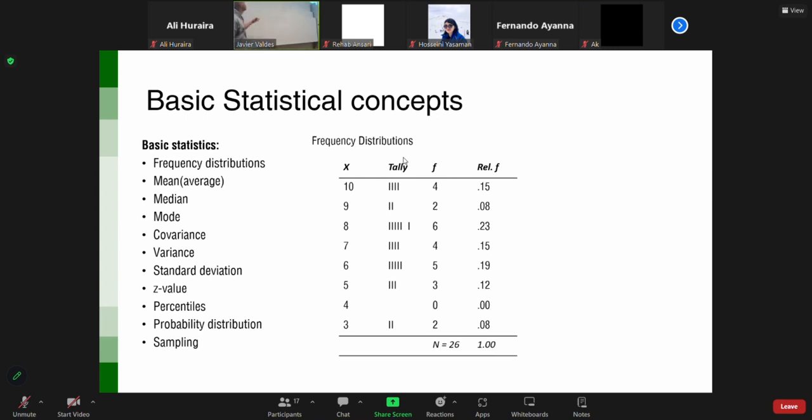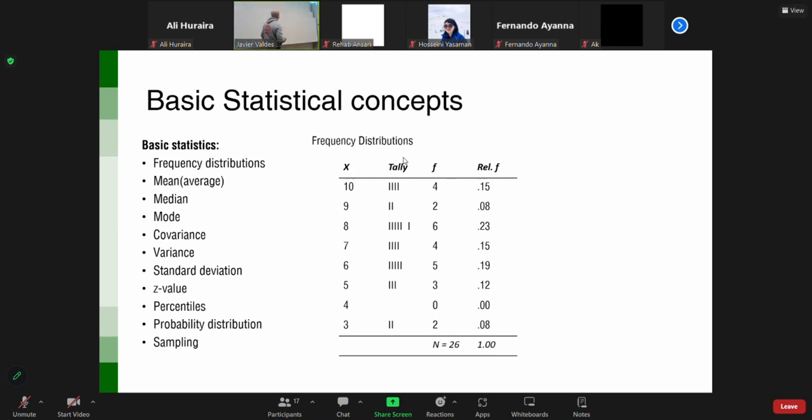We can calculate the mean, the median, the mode, and the covariance with itself. Okay? Variance we can calculate, the standard deviation also, the expected value we can calculate. The only thing that we cannot calculate is the covariance with another variable because we don't have it.